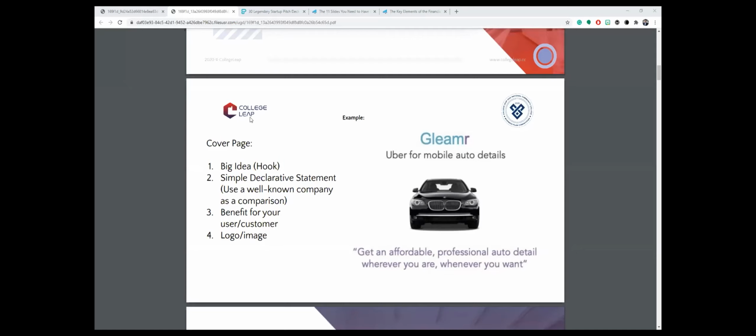And if you have an example product or a version that you can put together in Photoshop, then displaying that image lets them get a visualization of exactly what your product or service is, if it's physical.